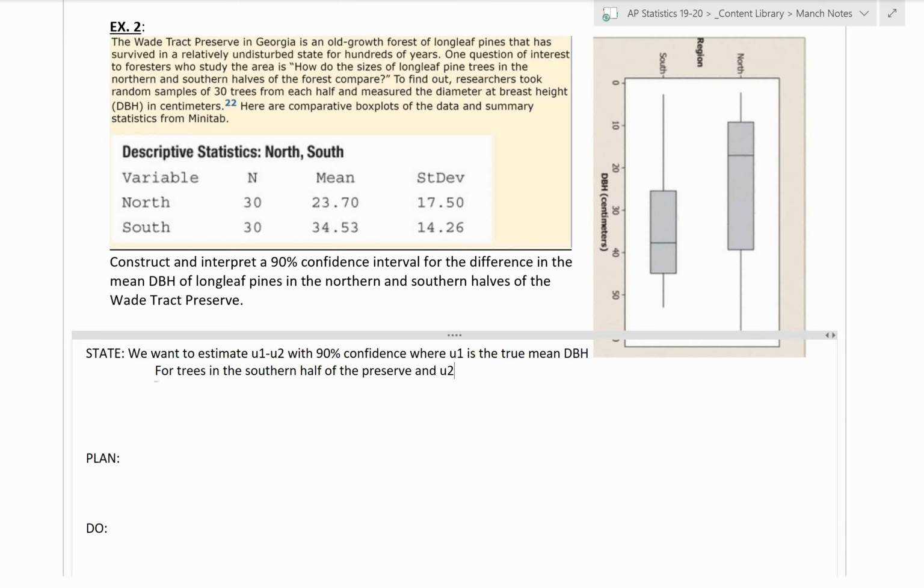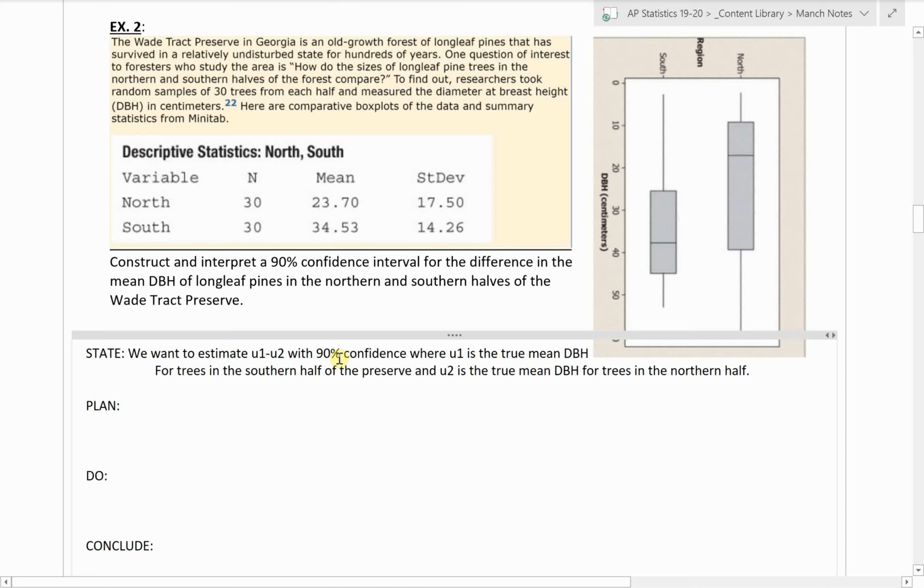Okay, and mu2 is the true mean dBH for trees in the northern half. So state is what we're trying to estimate, defining relevant parameters, and indicating the confidence level. And then we can move on to the plan step.